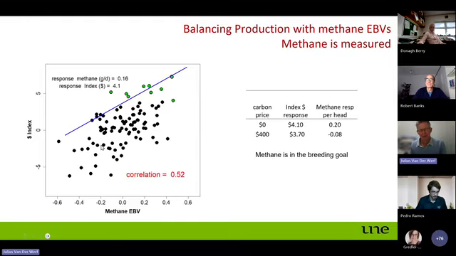If you had perfect information, this correlation would be equal to the genetic correlation, but with less information on methane, it would go more towards 1. You can also see that the lower the correlation, the more you're able to select for methane without compromising too much on index. Those are important principles that we have to work out for our indexes, I think.